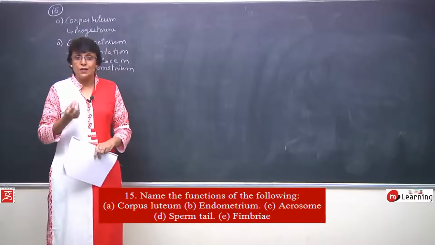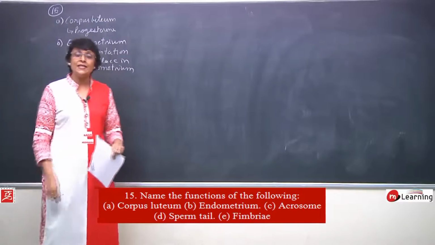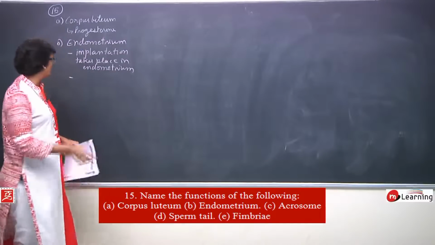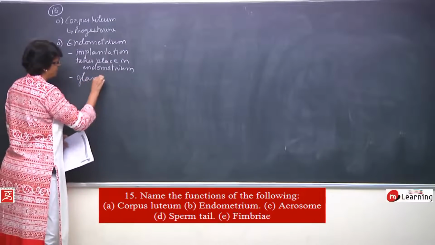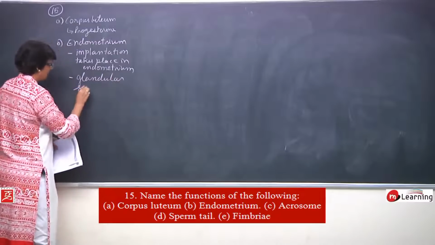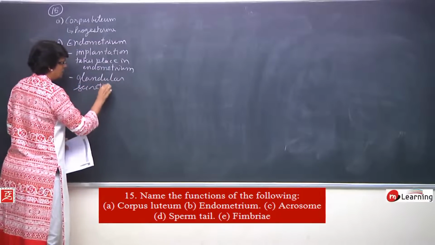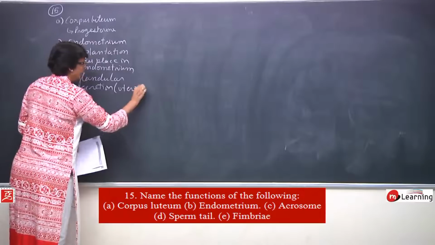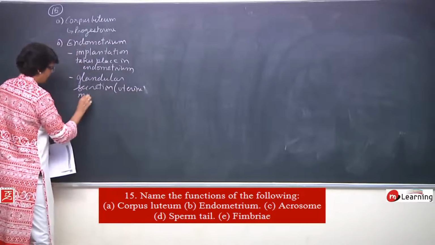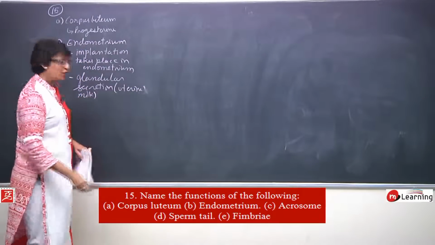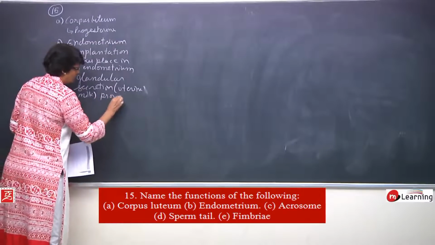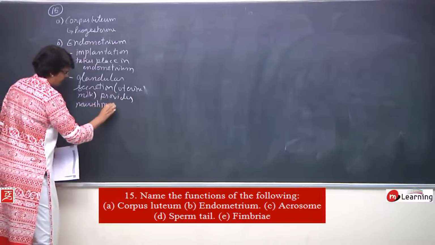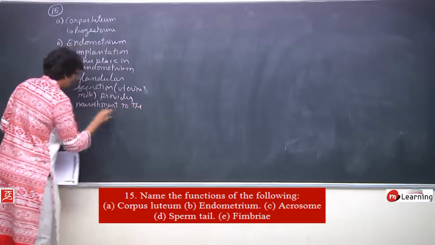It secretes some secretion with the help of the glands which it has, and that provides nourishment to the blastocyst, that is developing embryo. So, the glandular secretion, which is known as uterine milk, provides nourishment to the developing embryo.